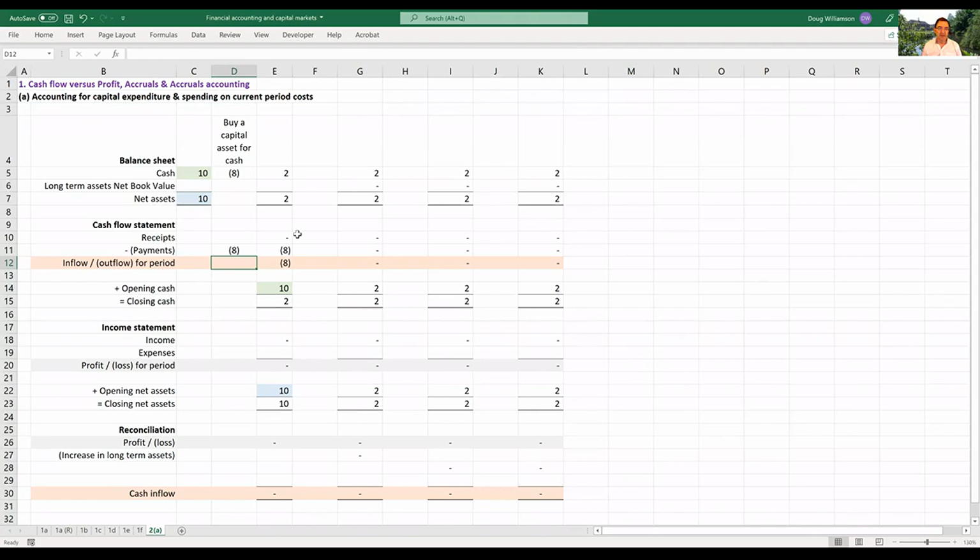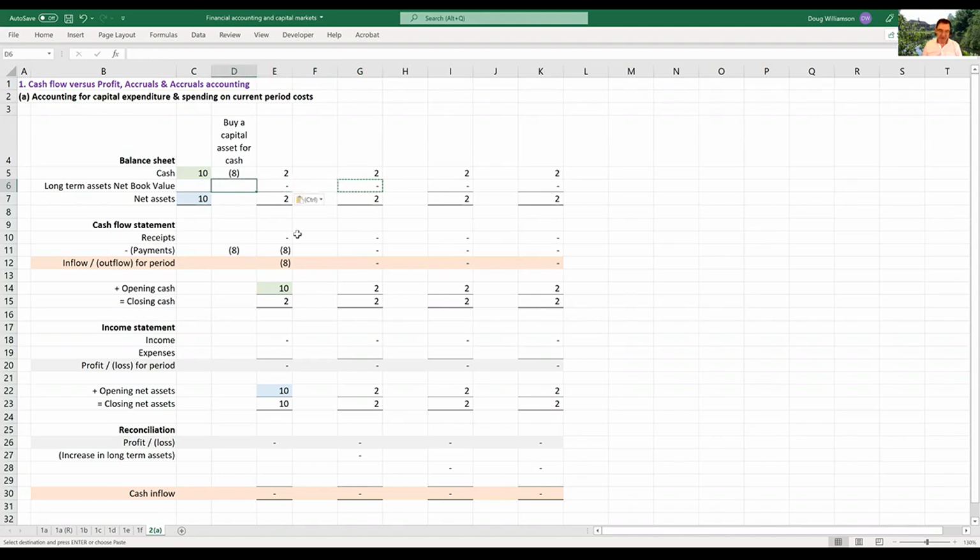Is that an expense? No. That's the whole point. The capital asset, let's say we buy it on the last day of the year, is a long-term asset. So it will have value for several years.